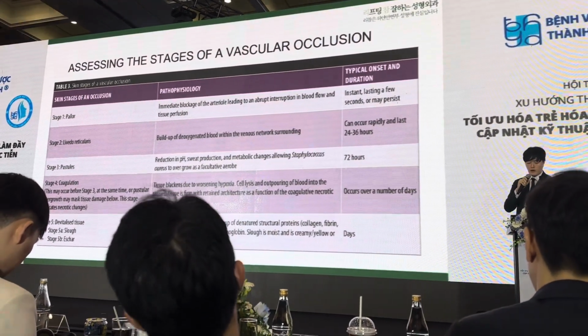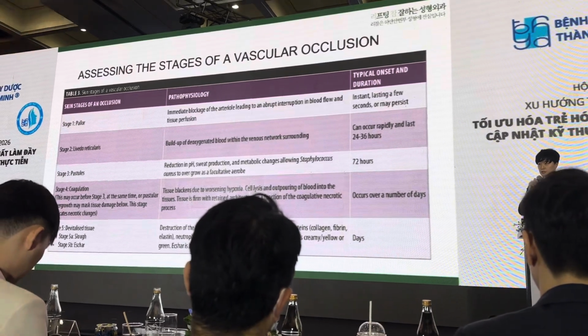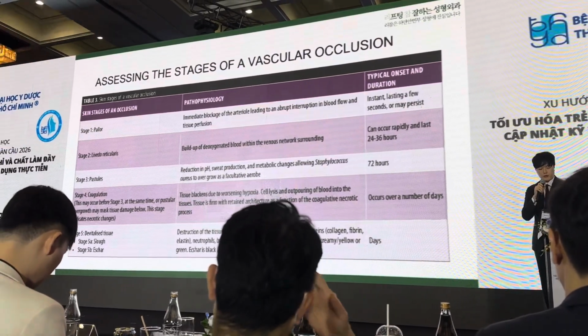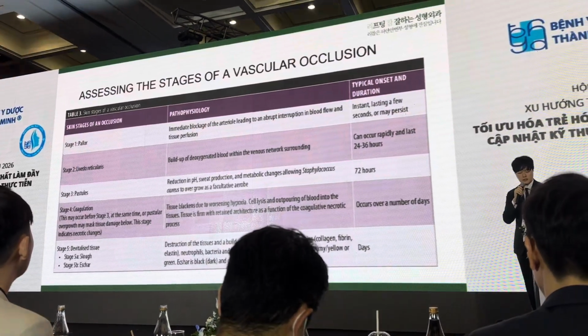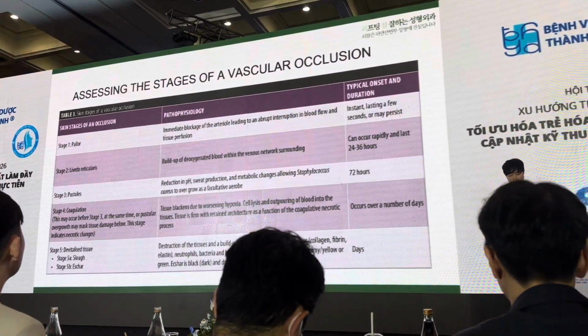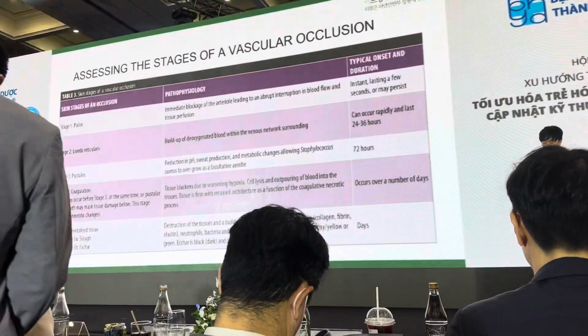Next, we will look at the 5 progressive stages of vascular occlusion, from early blanching to tissue necrosis, and discuss how to recognize and treat each stage effectively.